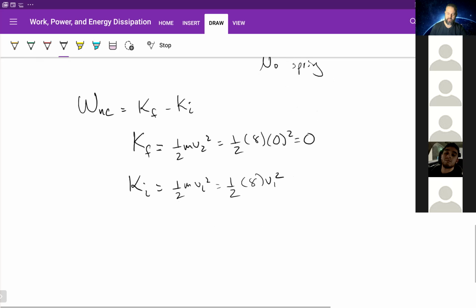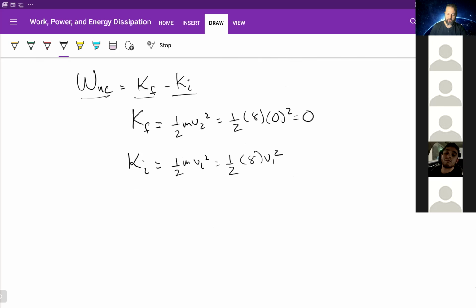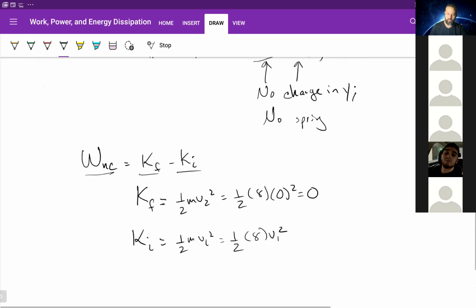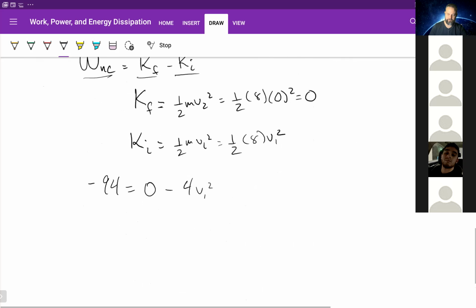So we can plug that back in. We know this, we know this, and we found an equation for this. So this was -94. Kf is 0 minus 1/2 times 8, which just gives us 4. I'm just going to write 4 v1 squared.